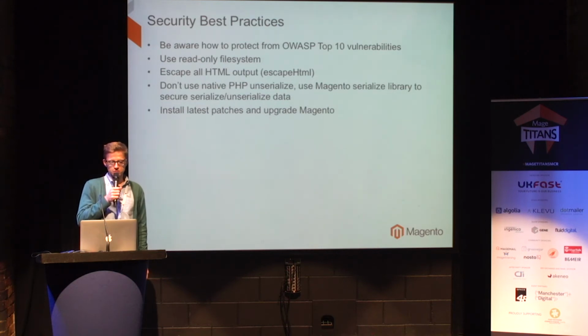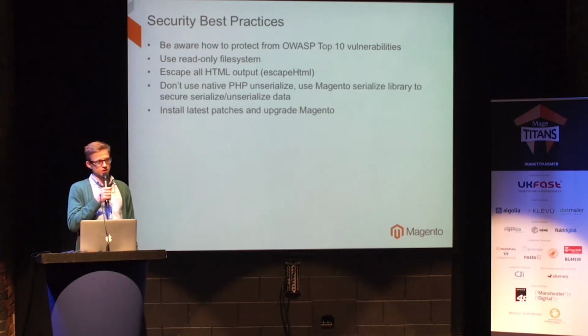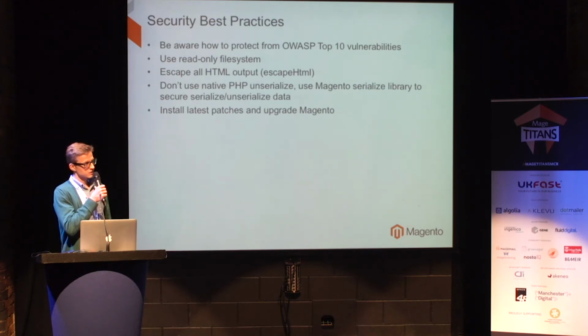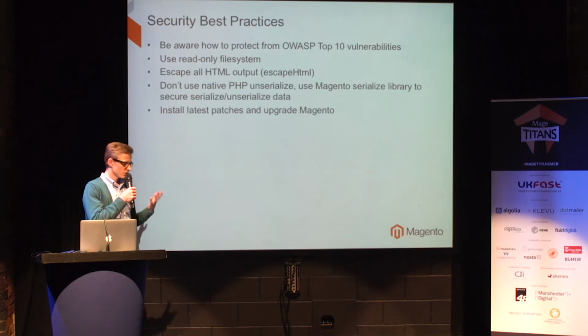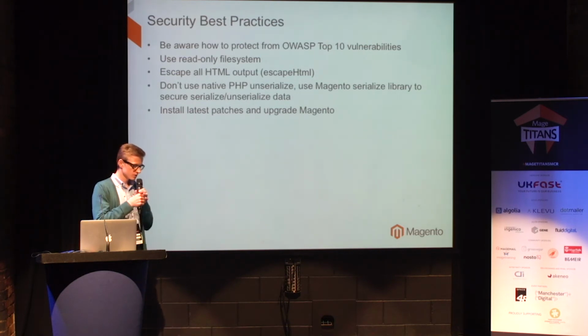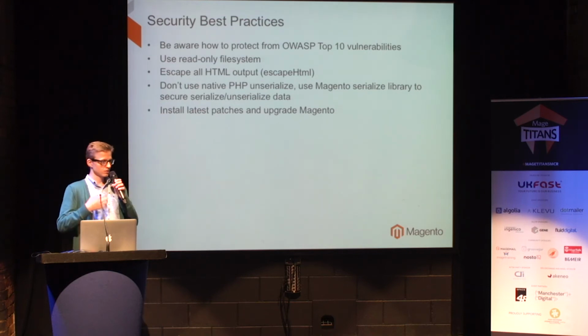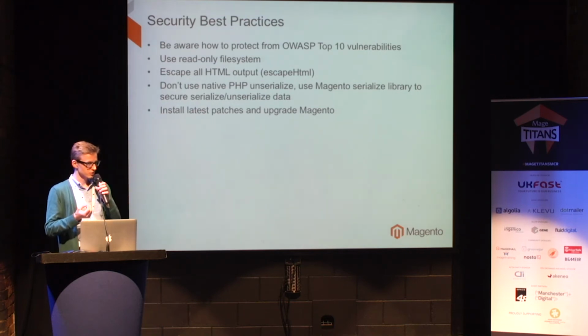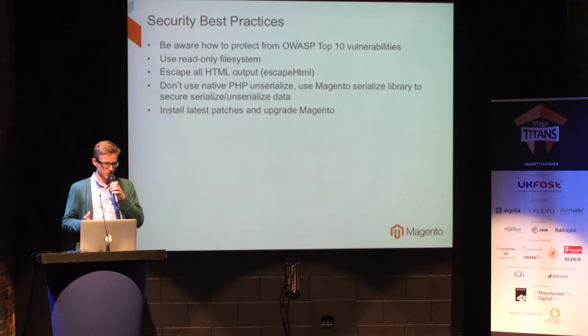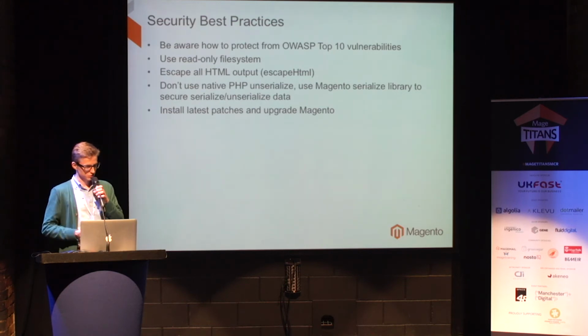Don't use native PHP unserialize. Native PHP unserialize is very insecure. If you have a class on a file system that contains dangerous wakeup or destruct methods that can be exploited, an attacker can pass a serialized object of that class, and these methods can be invoked.